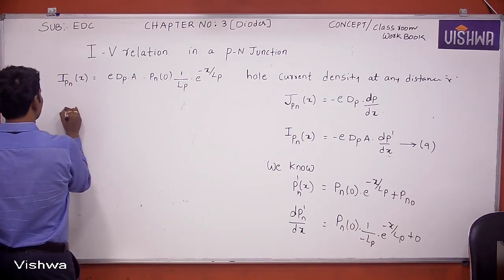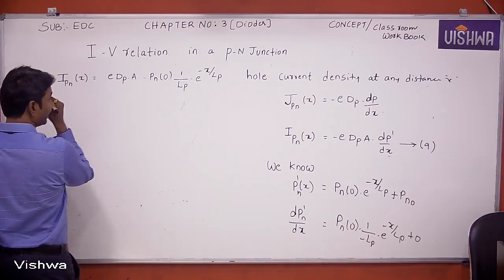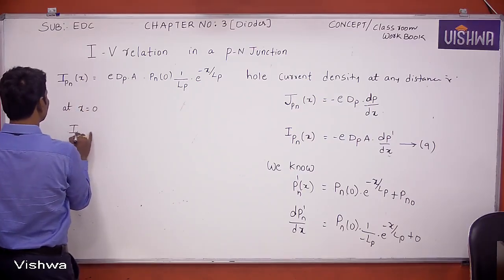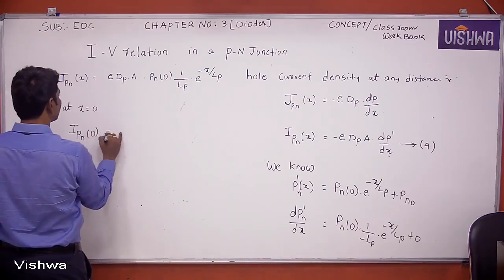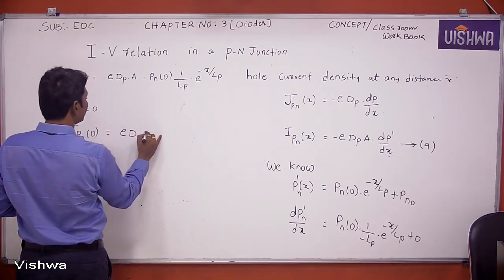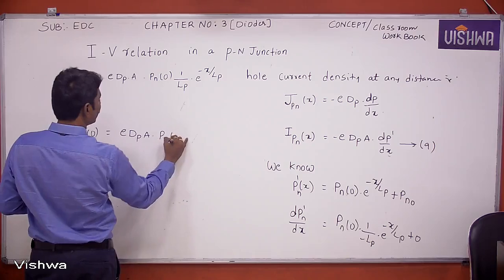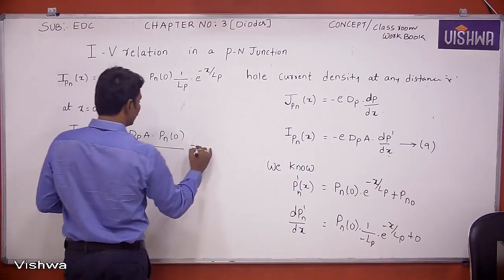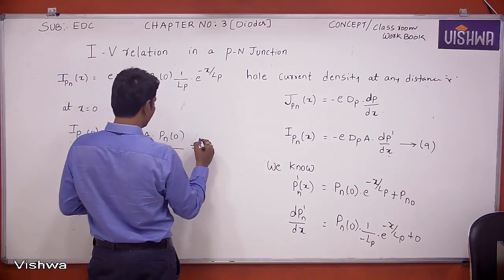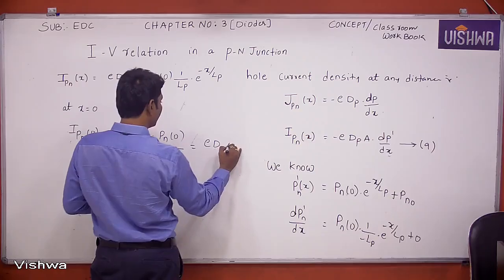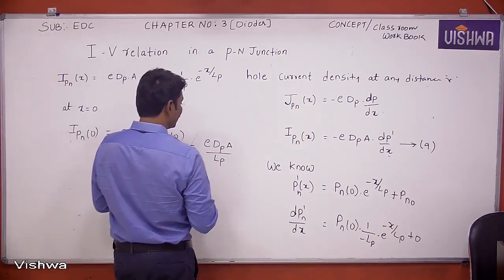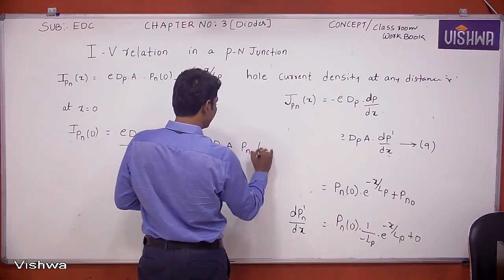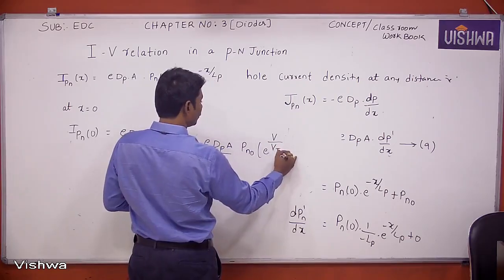Next, here we have to calculate this diffusion current at x equal to 0, right? See, at x equal to 0, what is the diffusion current here? IPn of 0 is nothing but E into Dp into A into Pn of 0 by Lp. Okay, but actually what is Pn of 0? Pn of 0 is nothing but Pn naught into e power V by Vt minus 1.